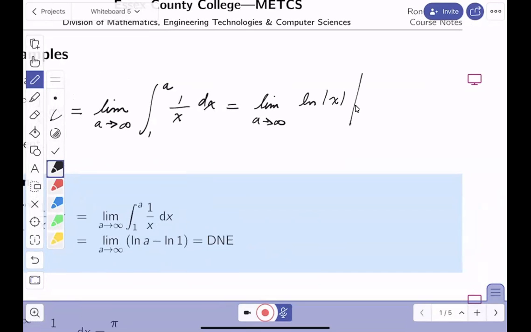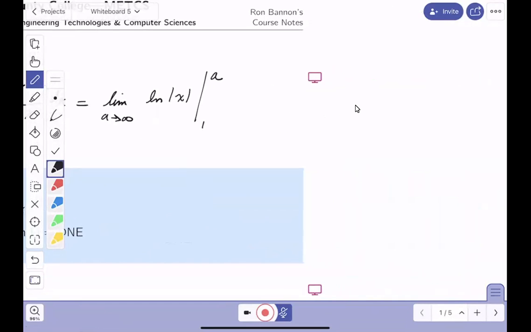The limits of integration are going to be from 1 to a. Equals limit a goes to infinity, the natural log of the absolute value of a minus the natural log of the absolute value of 1.